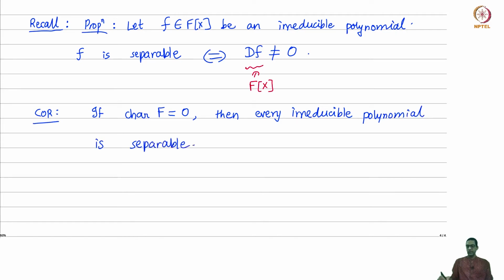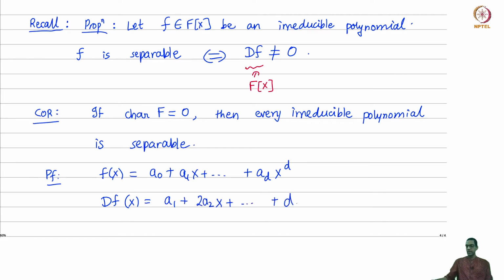Why is this? Well, the derivative can never vanish. So proof: if the polynomial f looks like a0 plus a1 x and so on, plus, let's say it's a degree d polynomial, a_d x to the d, then the derivative df of x just looks like a1 plus 2 a2 x plus etc, d a_d x to the d minus 1.